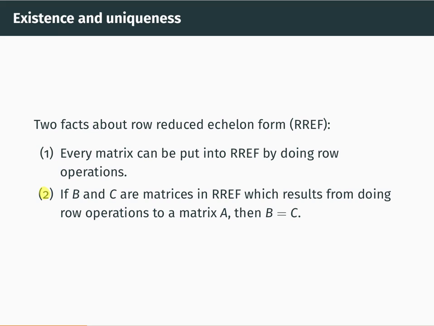So there is one and only one matrix in row-reduced echelon form which can be reached by doing row operations to the matrix A. That's why you'll hear people talk about the row-reduced echelon form of a matrix A. What they mean when they say that is that there is one and only one row-reduced echelon form matrix which you can get to by doing row operations to the matrix A.